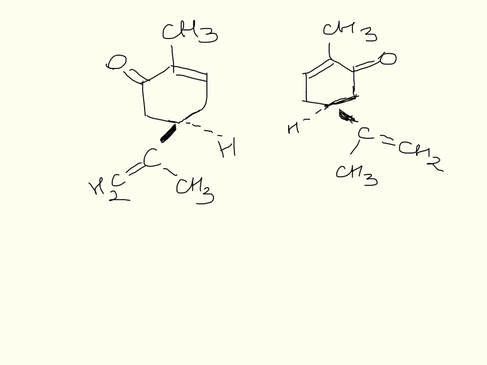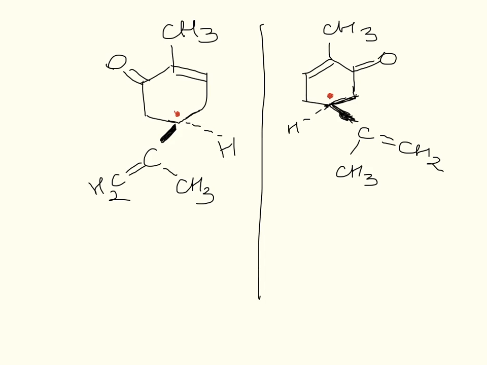And I'm just going to put a red dot over this carbon so you will know which is the chiral carbon. So if you notice, these two are mirror images of each other.